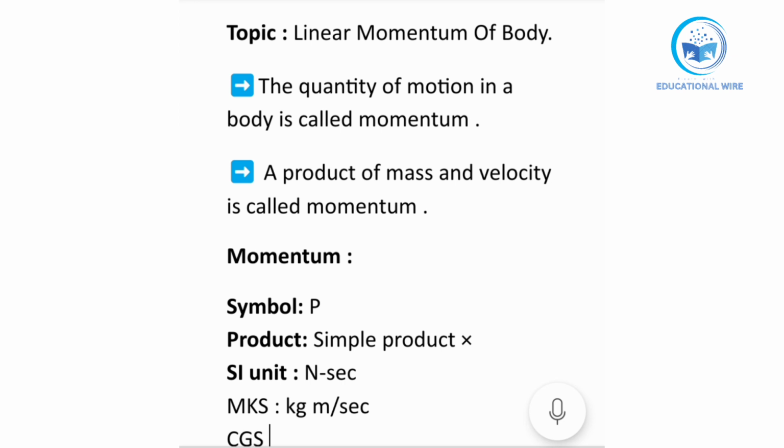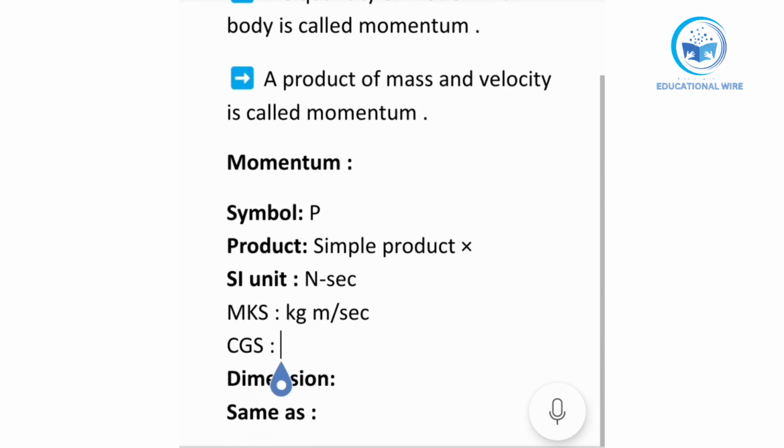In CGS, kilogram will change to gram, centimeter, and second will remain the same. Okay, so this is the MKS and CGS unit of momentum. Let us know how the unit of momentum is Newton second. I will explain that with a proof formula.